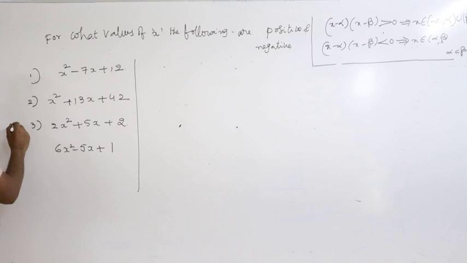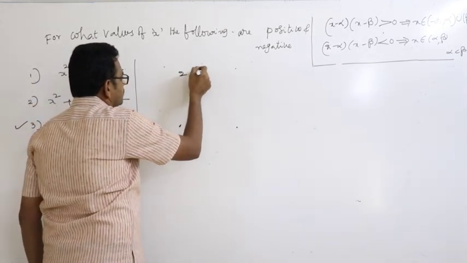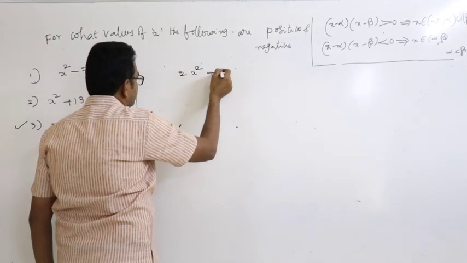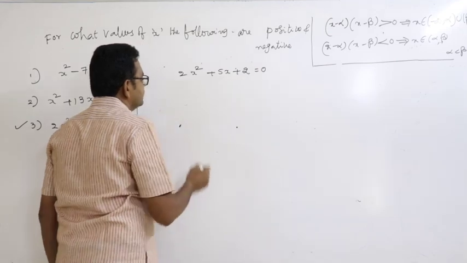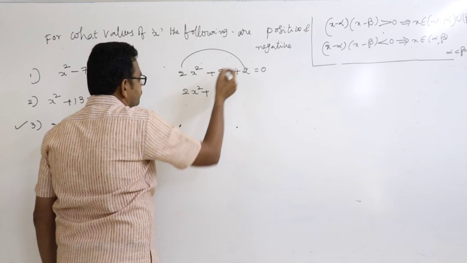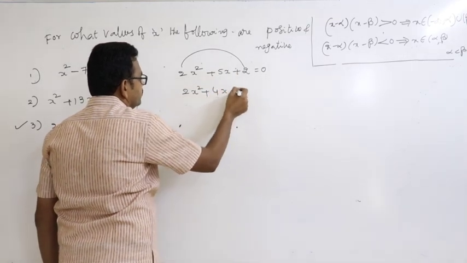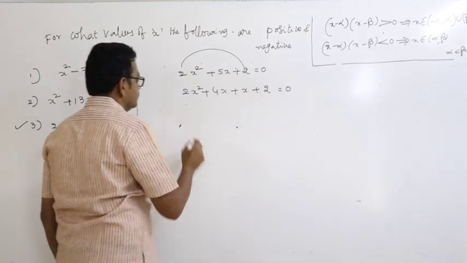You take this one, third one. 2x square plus 5x plus 2. You first of all find the factors. 2x square, so this becomes 4. So the 4 into 1, 4x plus x plus 2 is equal to 0.